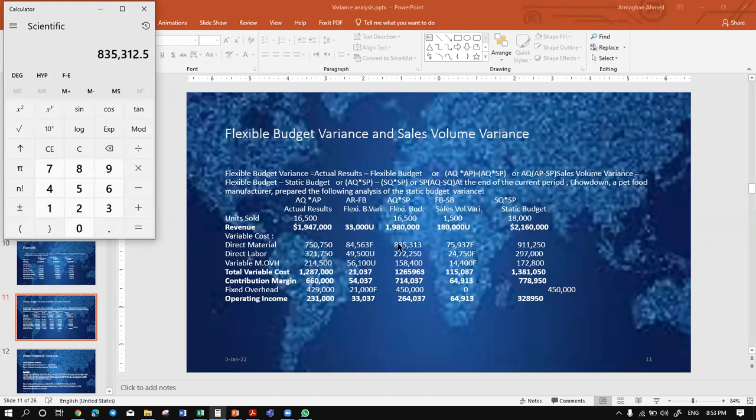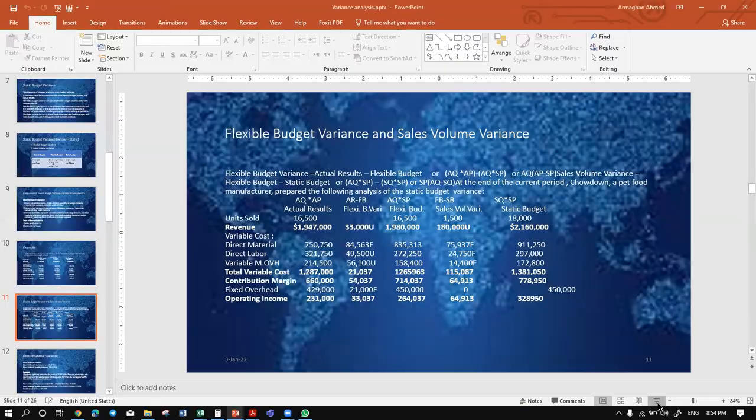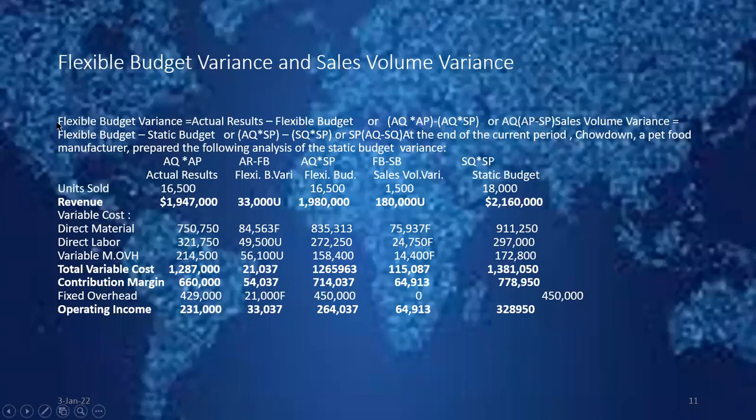So we got 835, minus 750, what is coming? 84,562. This is the variance that is coming, right? So if you have the actual result and the flexible budget results, you can subtract actual and flexible. This is our flexible budget variance.